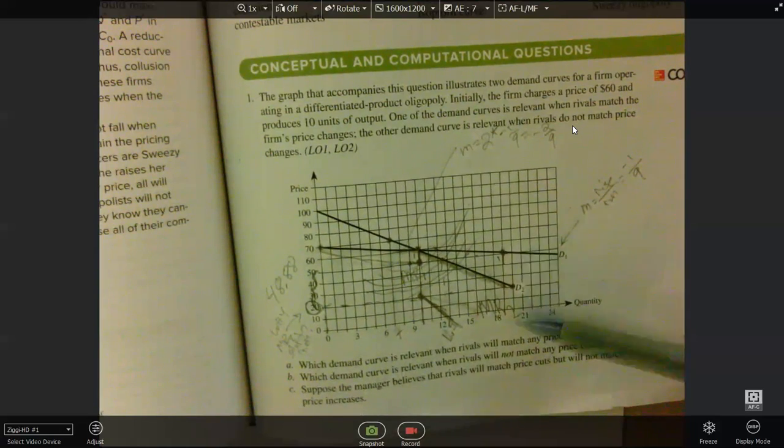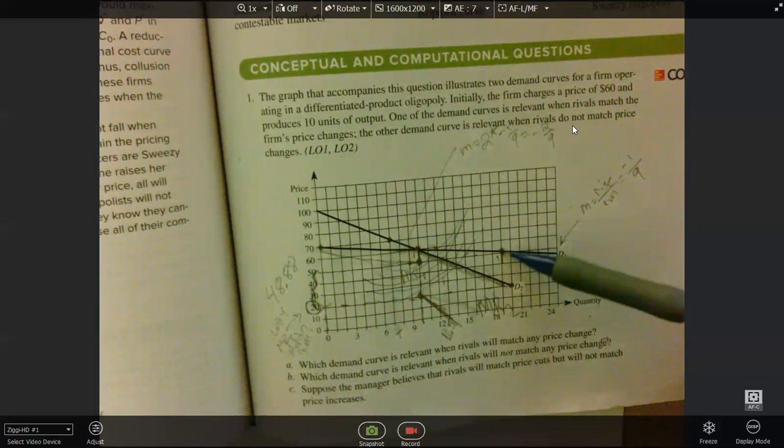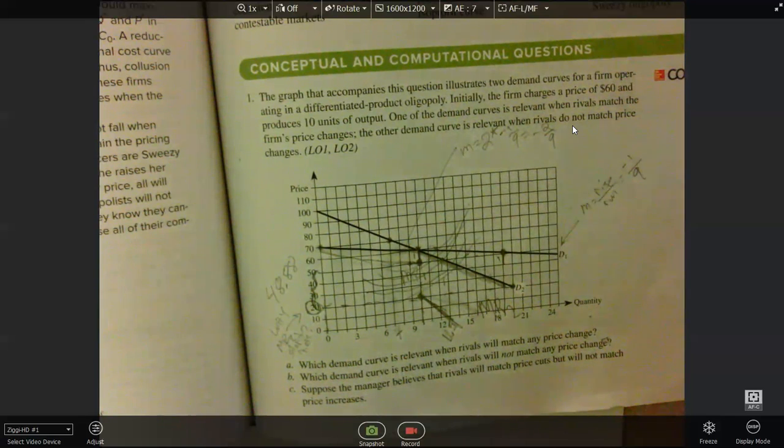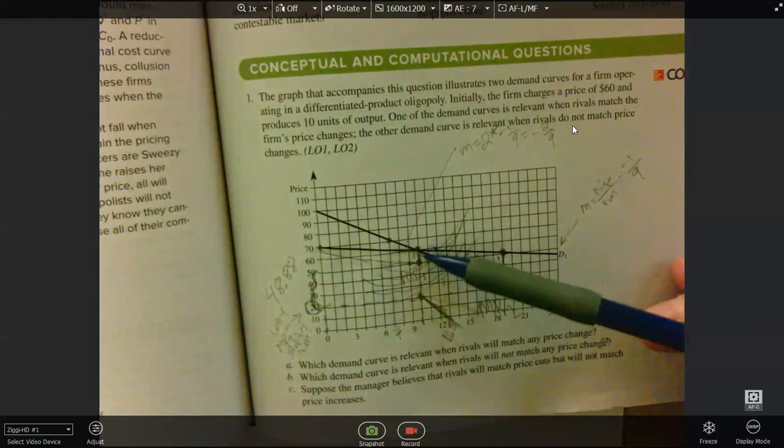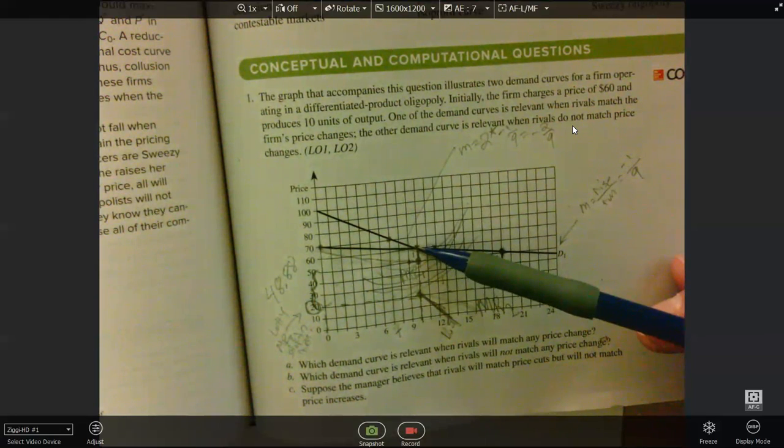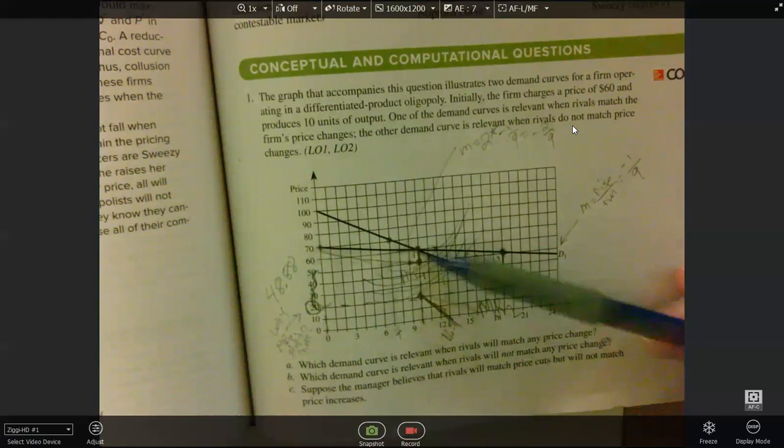And now you're making 19 times 50. What is it? 950. And over here we were making 600. So how are we making more money over here?